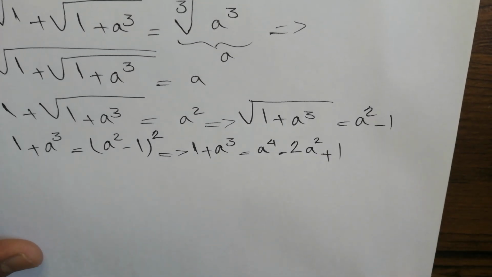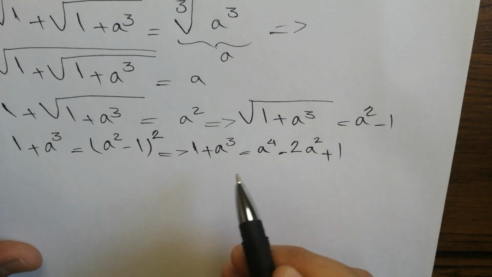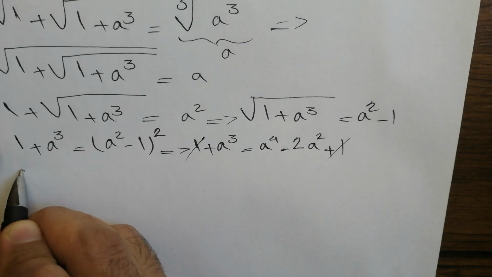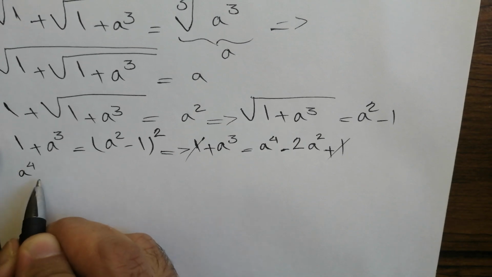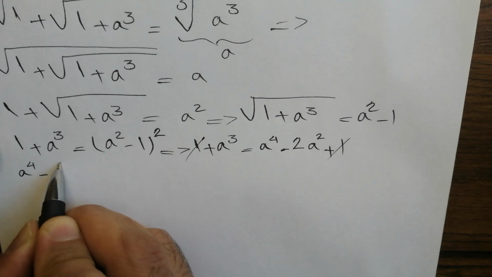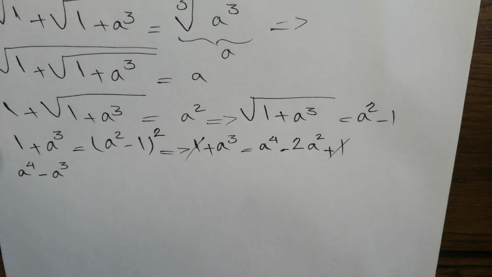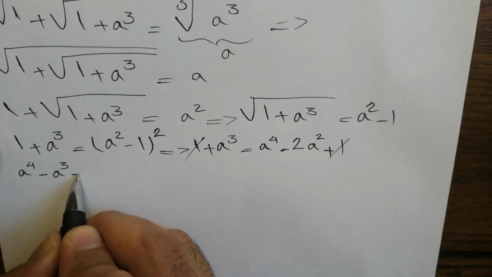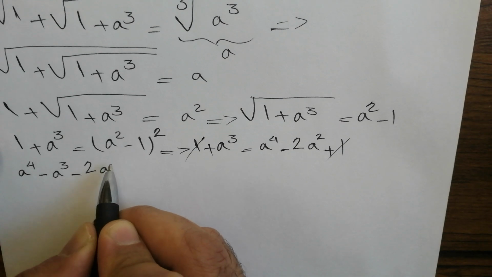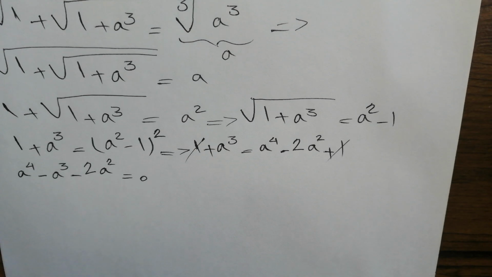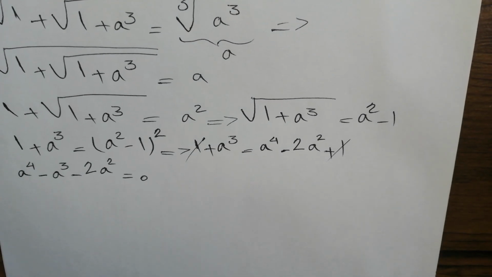So we have two positive ones on both sides of this equation, so we can cancel them out. It's better to write the whole polynomial again, putting everything on the right side: a to the power of 4 minus a cubed minus 2a squared equals 0.